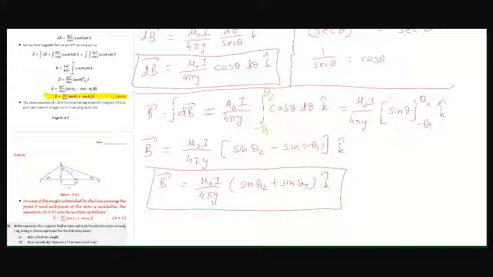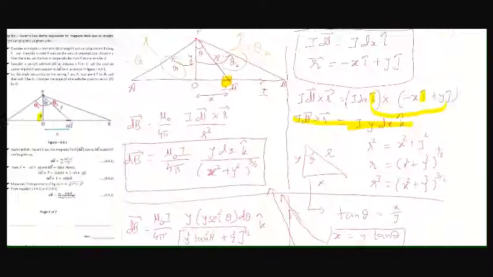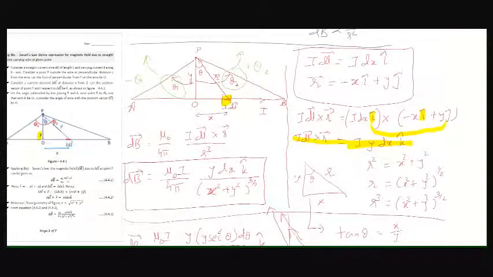Using Biot-Savart law. Now there is one point here we should note down, that sometimes you may be given the angle subtended at the endpoint. Suppose the angle here at point A is alpha 1 and the angle at point B is alpha 2.